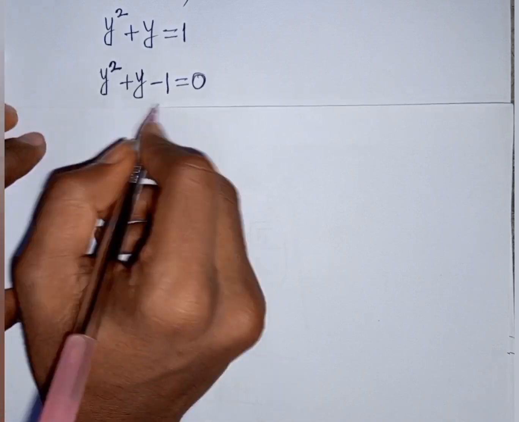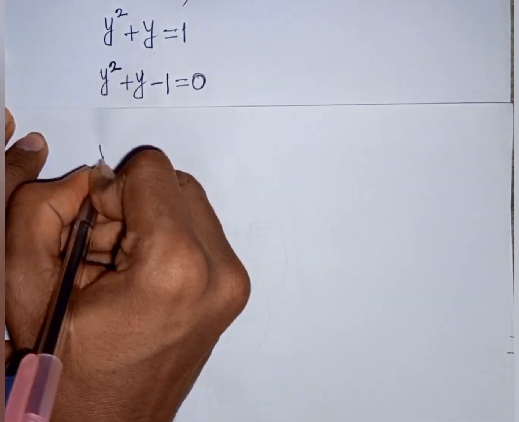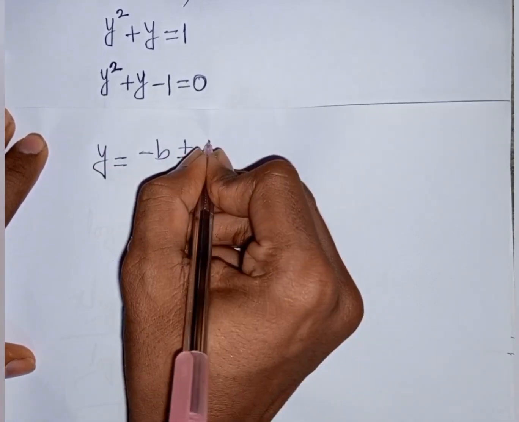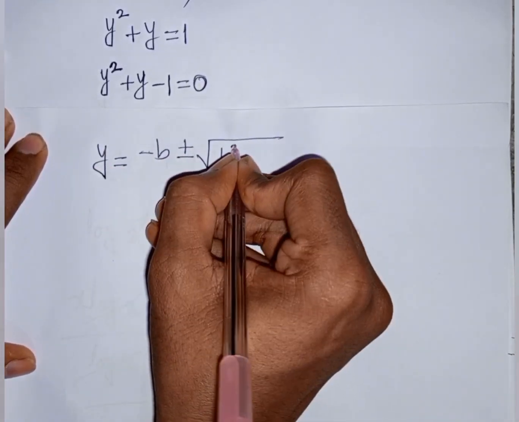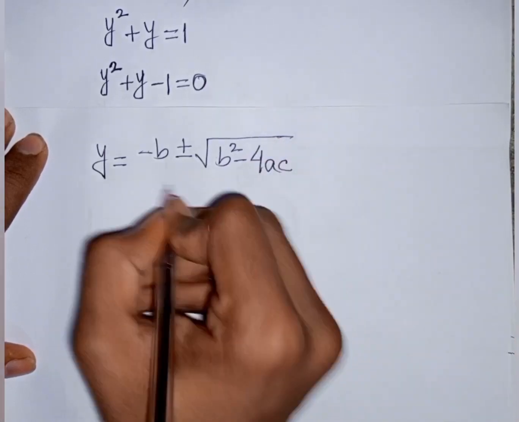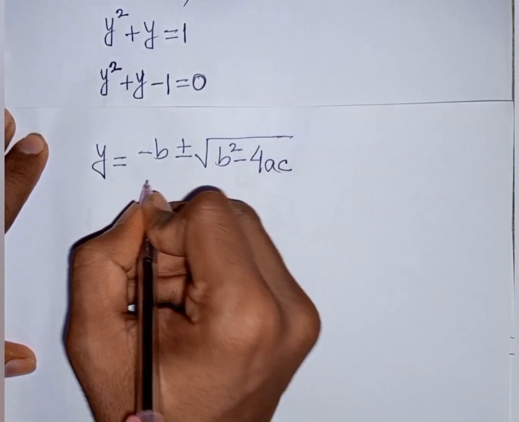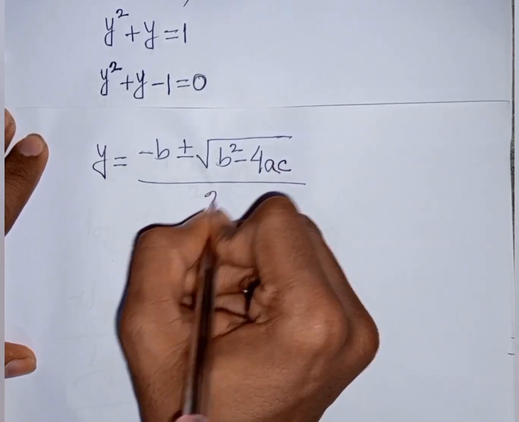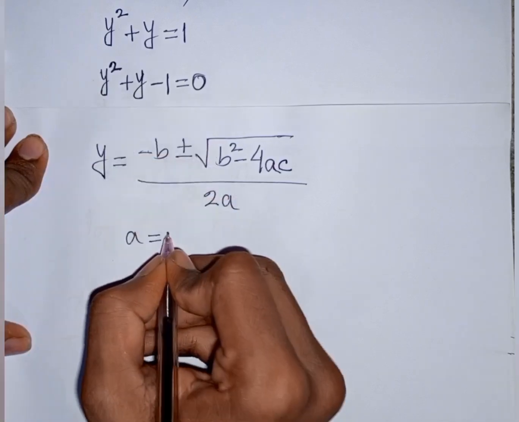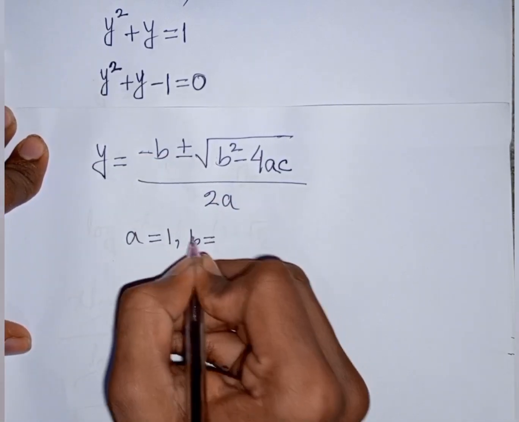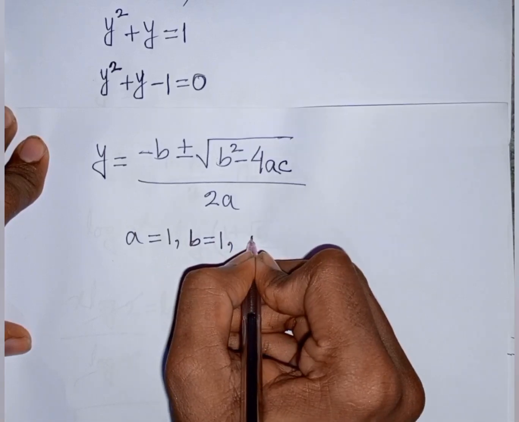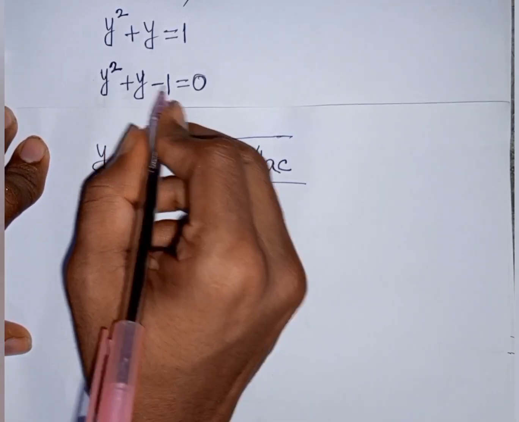Now here I can apply the quadratic formula, so I can write here y is equal to minus b plus or minus square root of b square minus 4ac divided by 2a. Here a will be equal to 1, b will be equal to 1, after that c will be equal to minus 1.